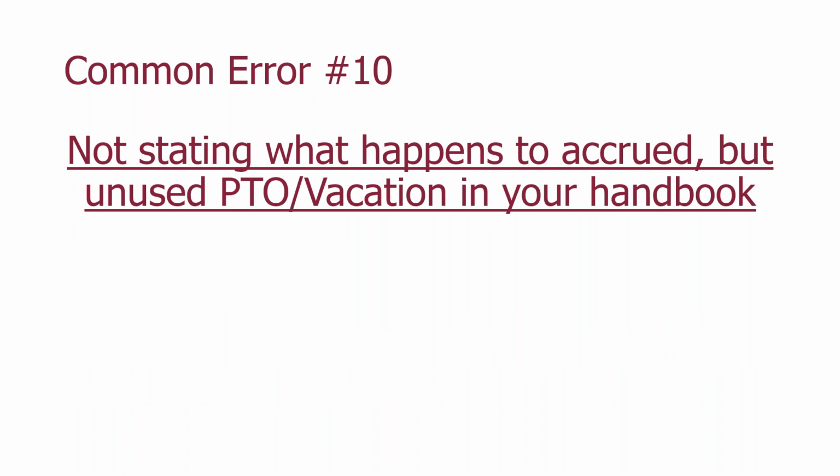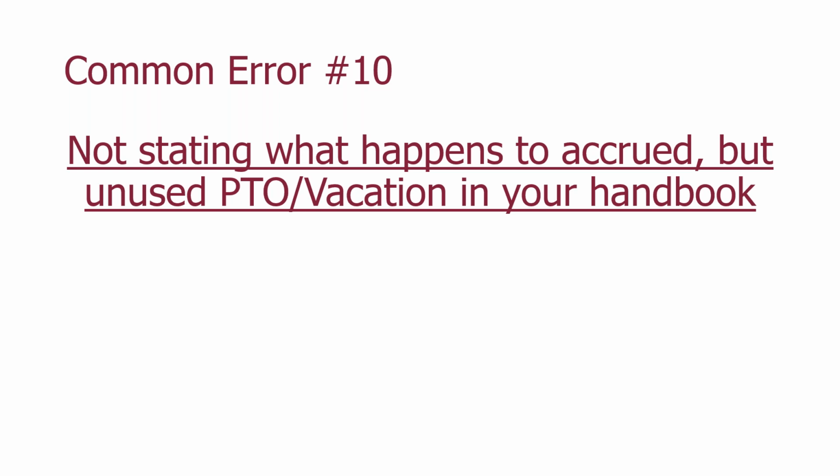And common error number 10. So, not stating what happens to accrued but unused PTO or vacation in your handbook. I've seen a lot of PTO or vacation policies that do not include a statement about what happens to vacation or PTO when an employee terminates, either through voluntary or involuntary separation.